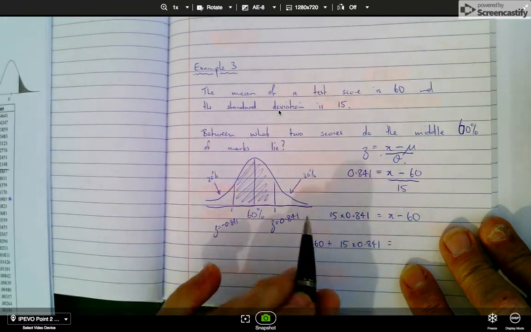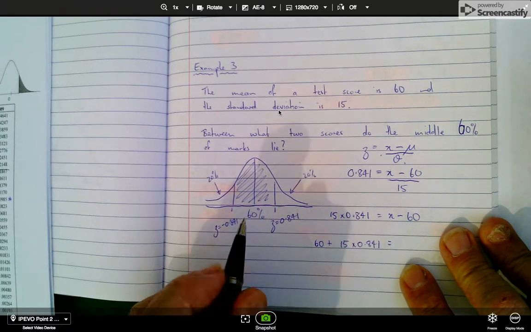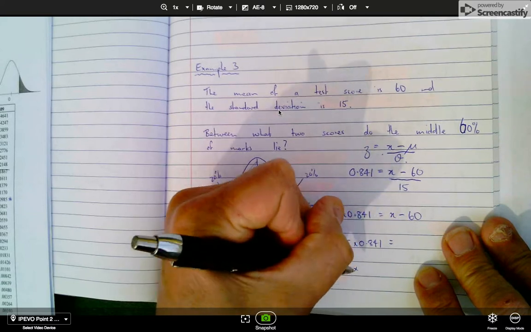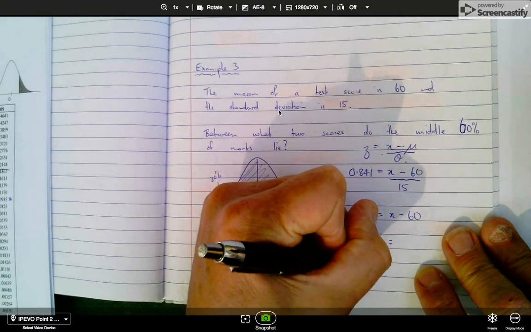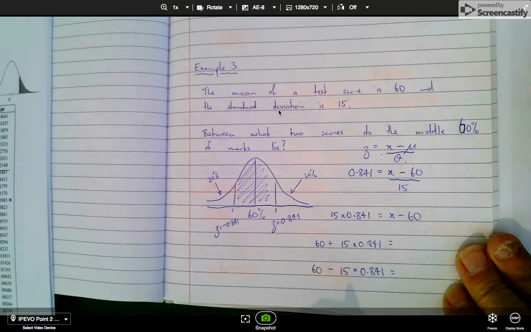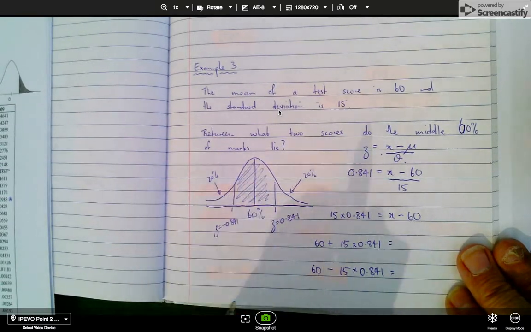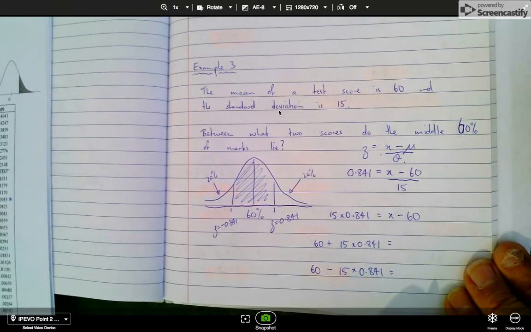And if we wanted to know the bottom score, it's going to be exactly the same, except it's going to be 60 minus 15 times 0.841. And they are going to give you the two scores that you have to be between to be in the middle 60%. Hopefully that's explained a little bit more about how we read the tables backwards, the way Alan was doing. Thanks.